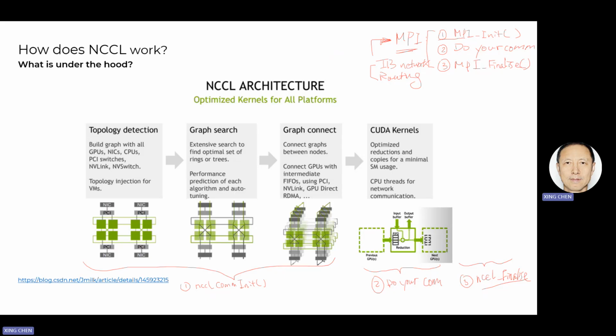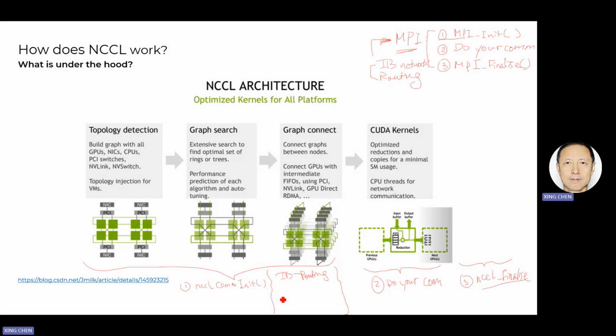Okay, if you have InfiniBand as the network between the computing nodes, the InfiniBand network for the first stage should have been delivered with a routing already set up. So that's the same as the MPI communication library.